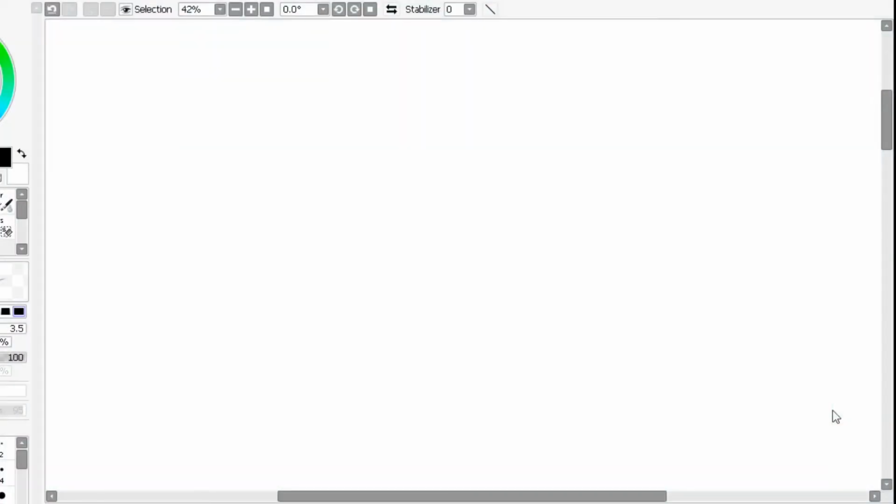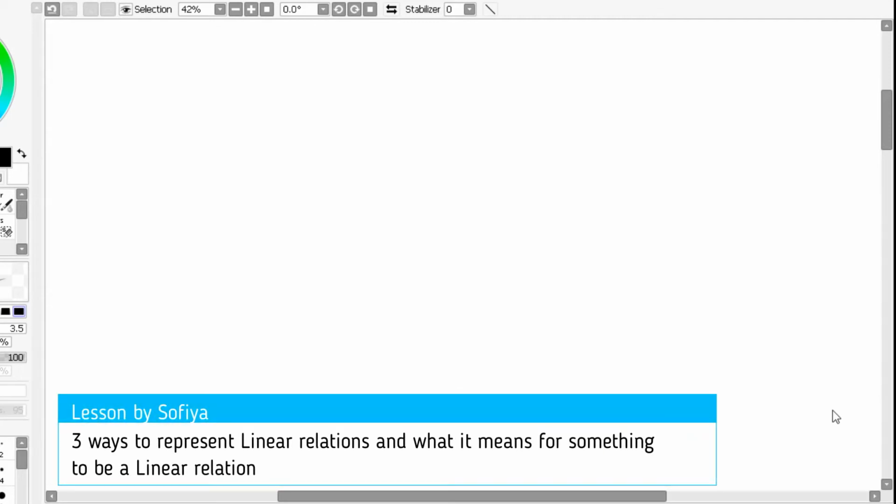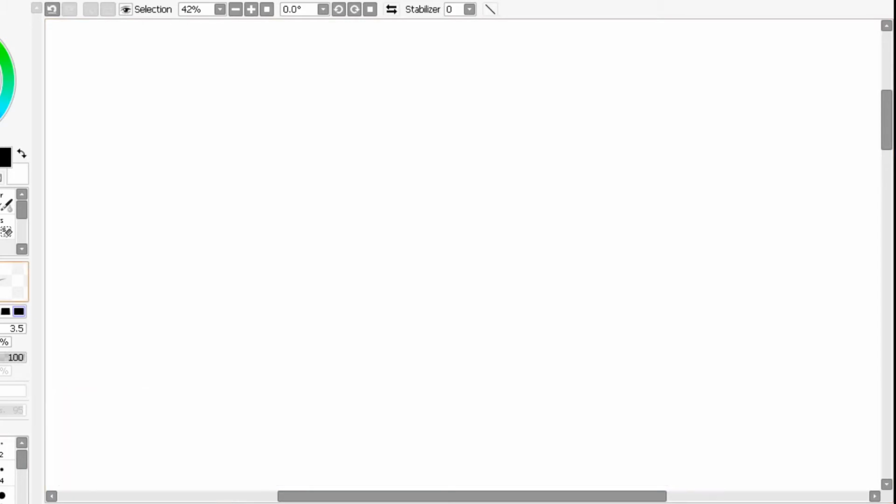Hey there, let's take a look at the different ways that linear relations can be represented and what it means for something to be a linear relation. The key characteristics of a linear relation are, first of all, that the first differences in a table of values are constant.